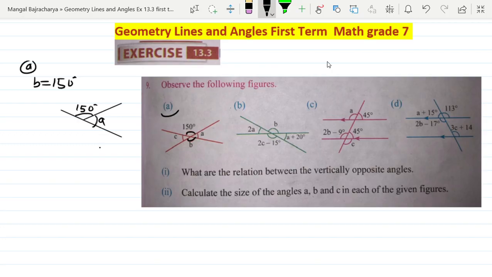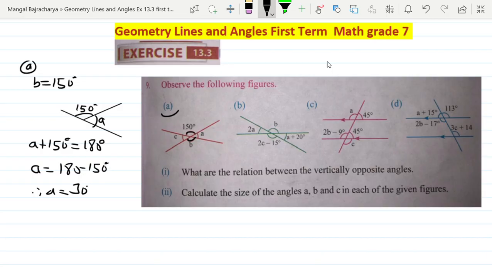So A plus 150 degree equals 180 degree, and we may provide the reason being supplementary angle, or straight angle, or adjacent supplementary angle. So A equals 180 minus 150, and that will give you the value of A equal to 30 degree.